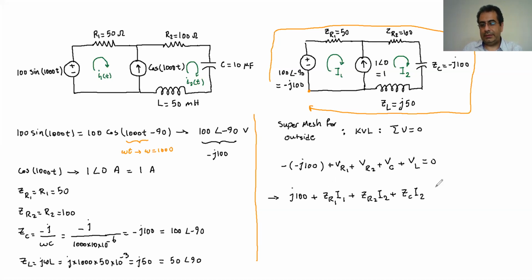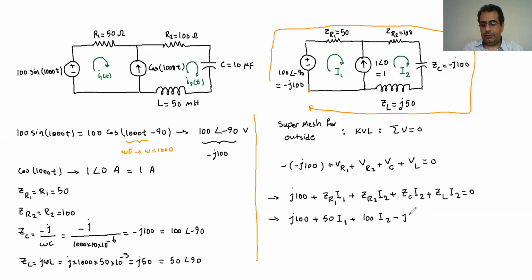Then I have ZL I2, which is going to be 0. So if I substitute this, it's going to be J100 plus ZR1, which is 50 I1, plus ZR2, which is 100 I2, plus negative J. So it's going to be negative. So let's put it negative.